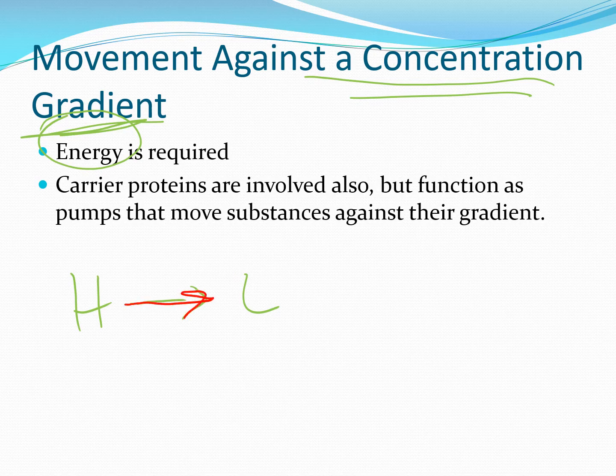However, with active transport, with movement against a concentration gradient, you're actually going this way. So you actually need energy in order to make that happen. They do have carrier proteins as well, but again, they function to move stuff against their own gradient, so basically it's going from an area of low concentration to an area of high concentration.